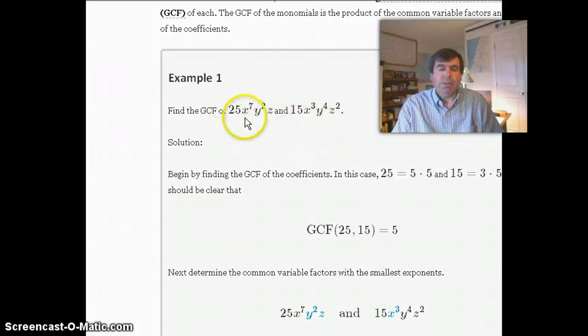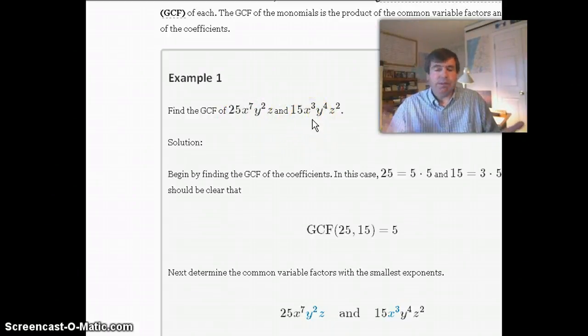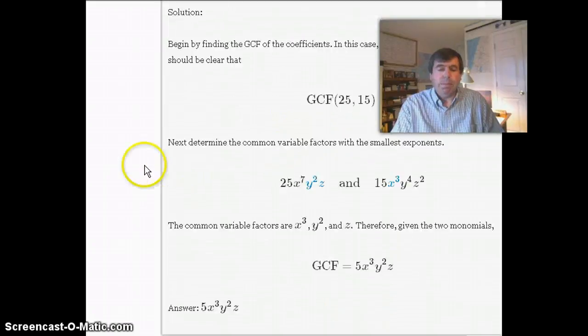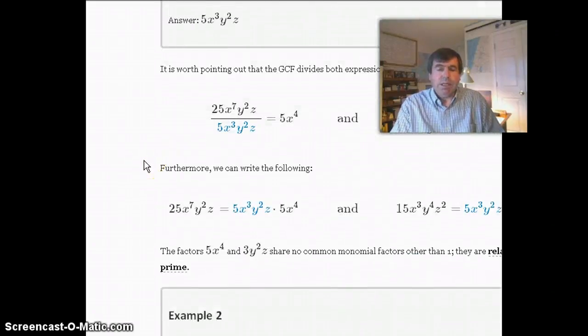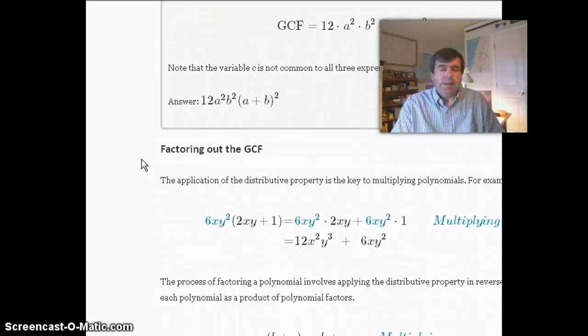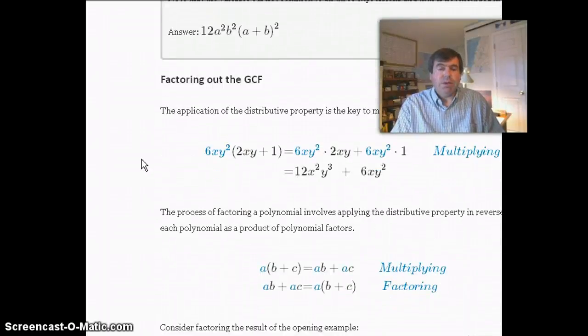I have an x cubed and x to the 7th. Since there's 7 factors here and 3 factors there, 3 of them are common to both of them, so that's what we're talking about. Go through the reading. Okay, there's some examples there. And factor out the greatest common factor.